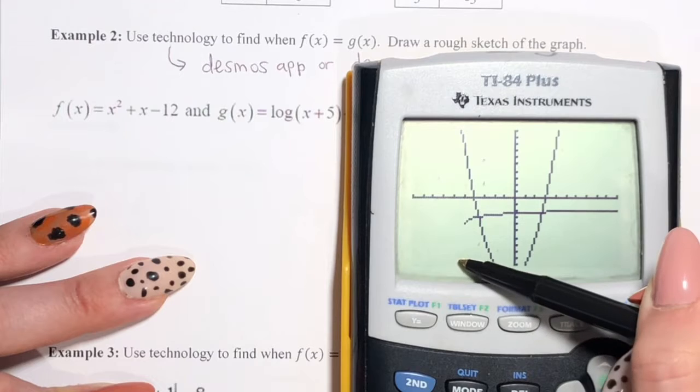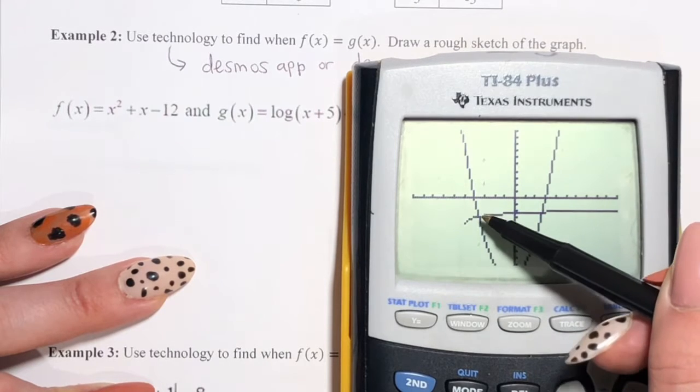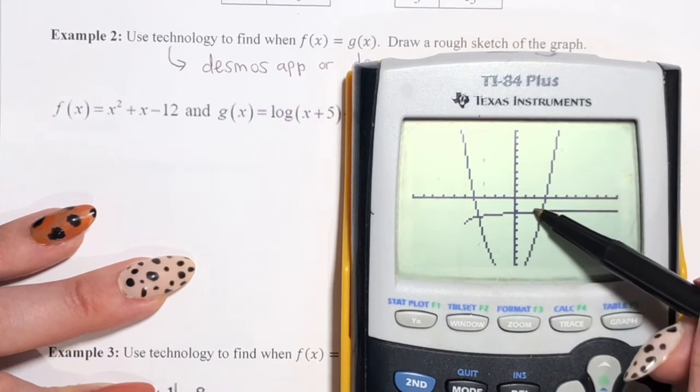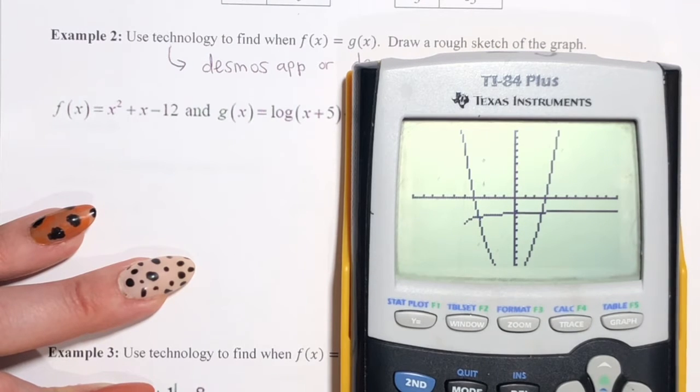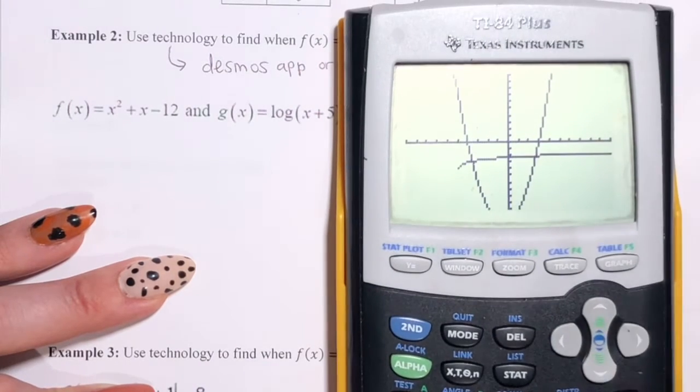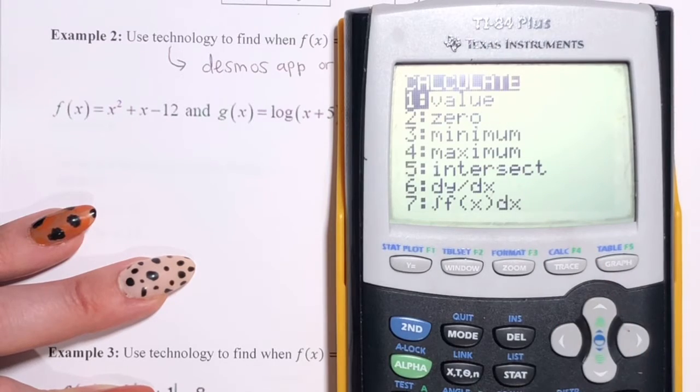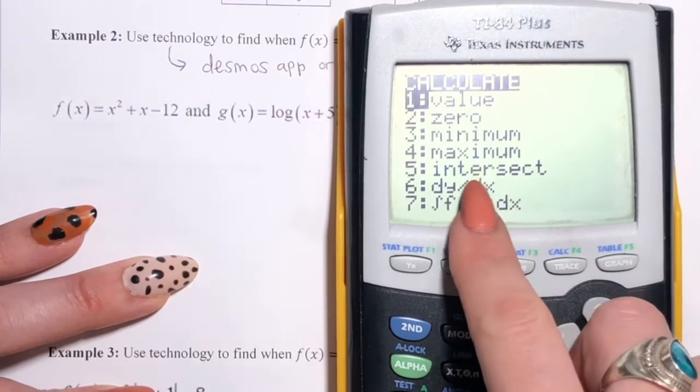So really this graph is coming up through here and then bending, but we have an intersection here and an intersection here. So to find those exact 2 points, we are going to go back to this calc menu that we've used this unit. So we're going to push second and then calc. And this time we're going to look for the intersection.